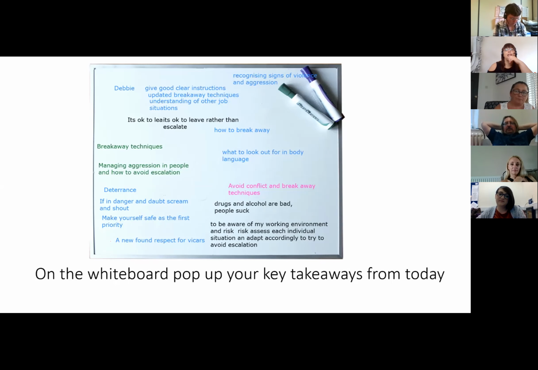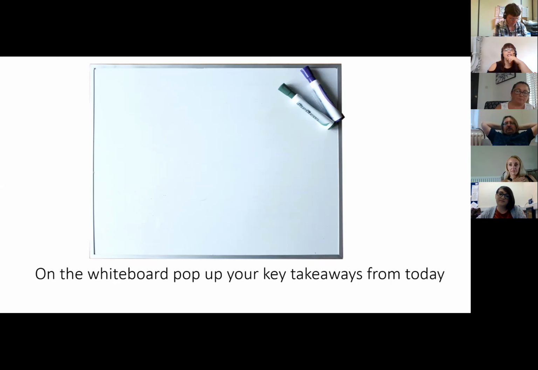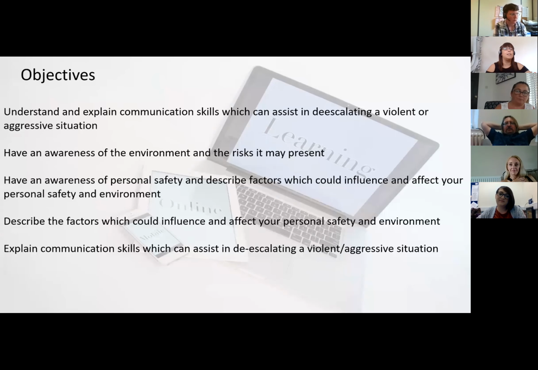Thank you, guys. Really appreciate that. So today, it's absolutely flown, hasn't it? That's 3 hours. We've understood and explained communication skills which can assist in de-escalating a violent, aggressive situation. We've had an awareness of the environment and the risks it may present, and we've described the factors which could influence your personal safety. We explained body language that can assist in de-escalating or escalating a violent and aggressive situation.